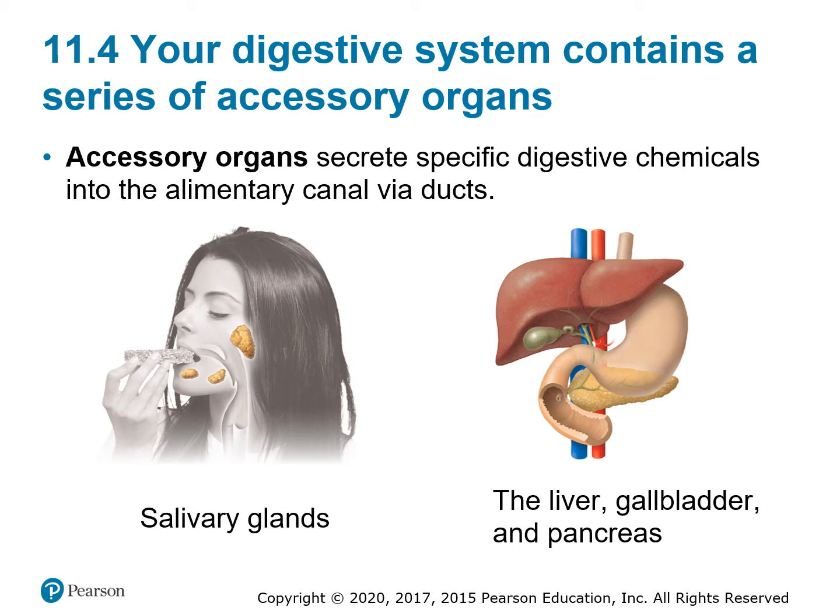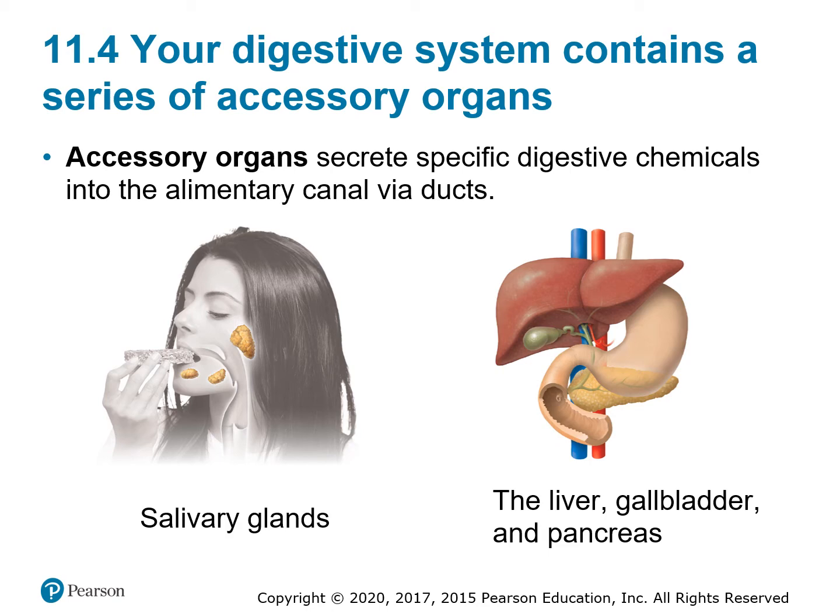Now, there are also a series of what's called accessory organs that are very important in your digestive system. They are not directly in the alimentary canal, but they secrete specific digestive enzymes that are released into the alimentary canal via ducts.